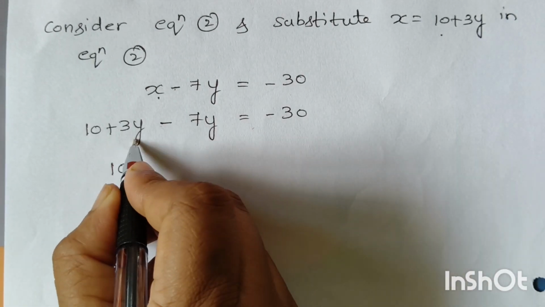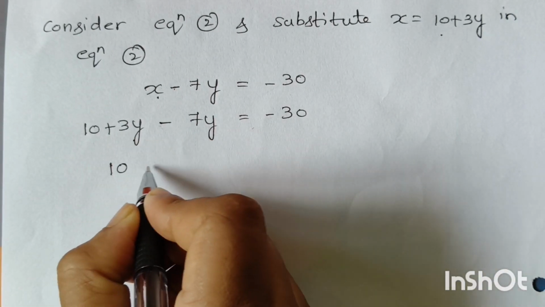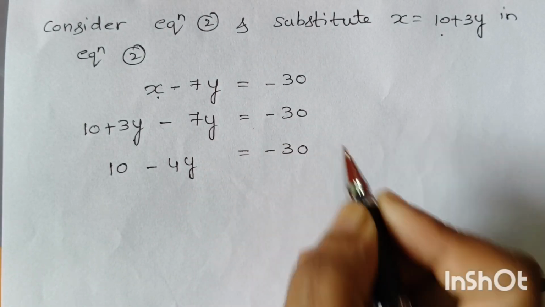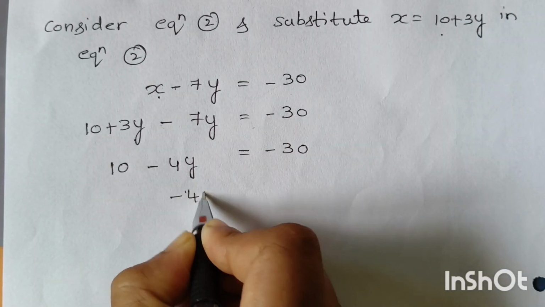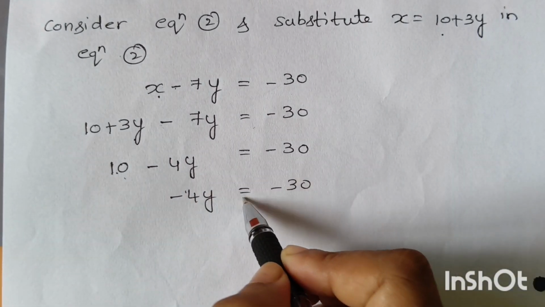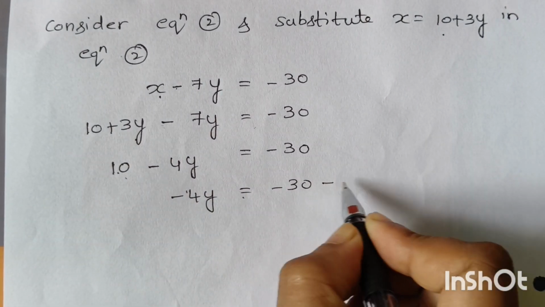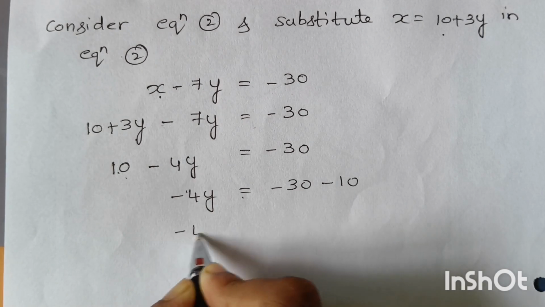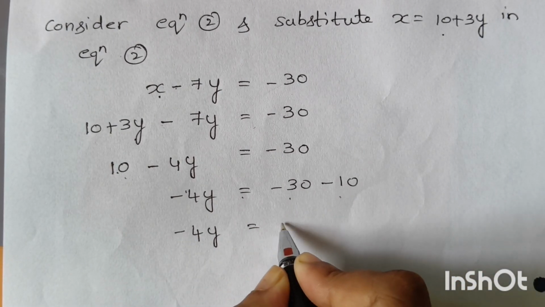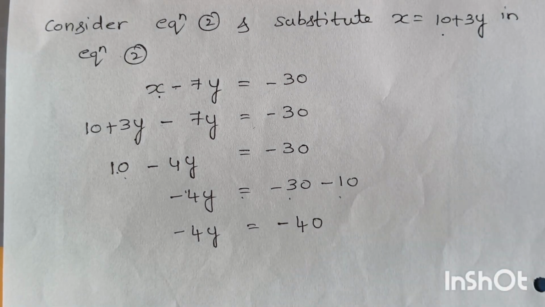10 plus 3y minus 7y is minus 4y is equal to minus 30. Minus 4y is equal to minus 30 plus 10, when it will cross this is equal to sign, it will become minus 10. Minus 4y is equal to minus 30 minus 10 is minus 40.